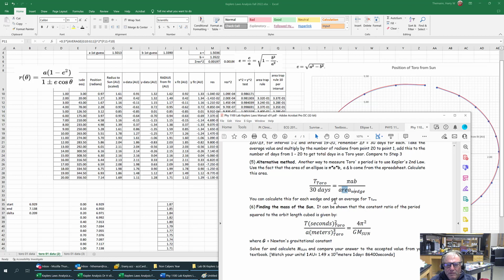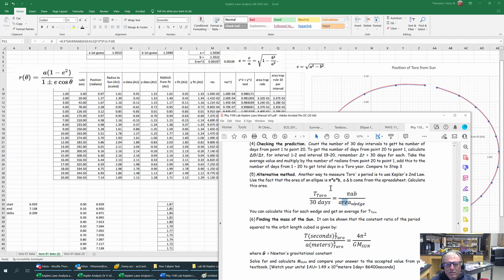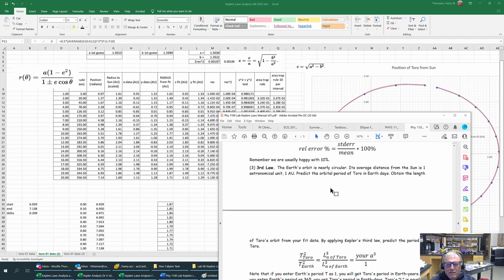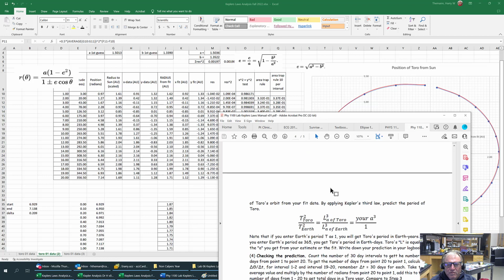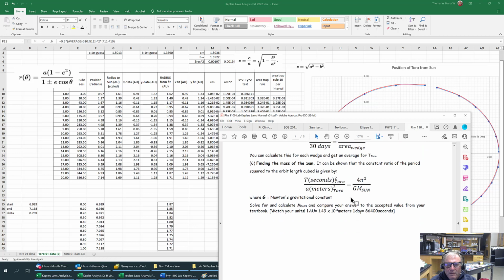But now you have to convert one of those. I don't know which one is more accurate. Me personally, I think I would use Kepler's third law, and then convert the period to seconds.